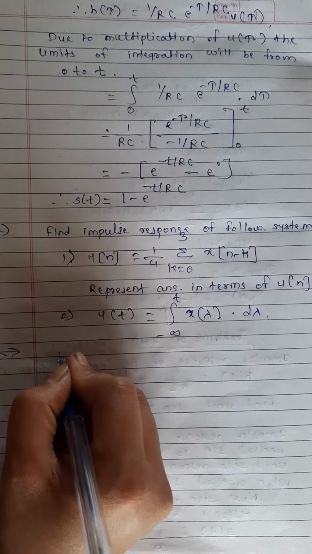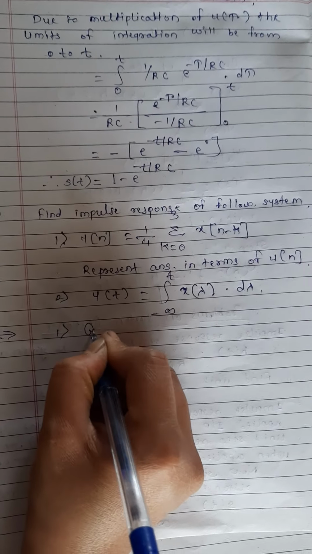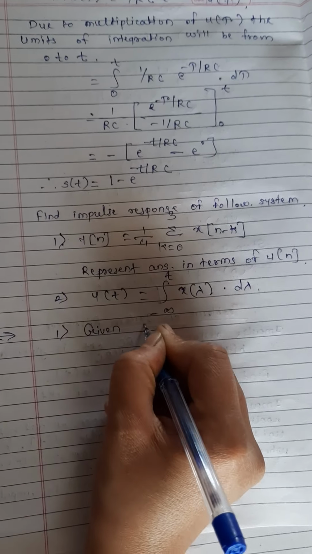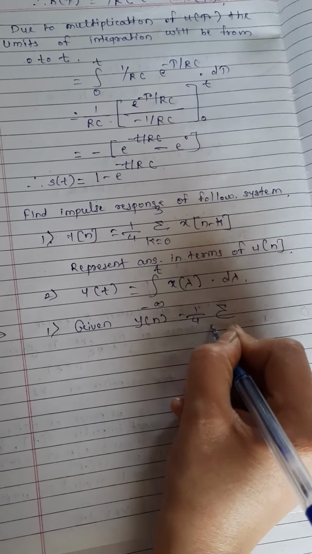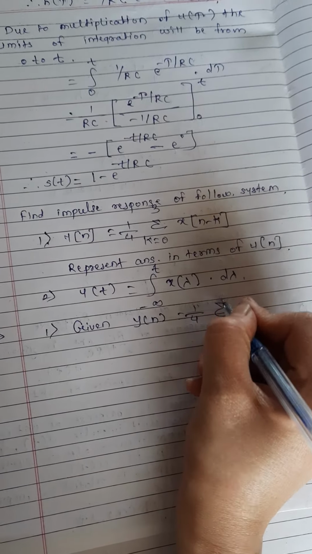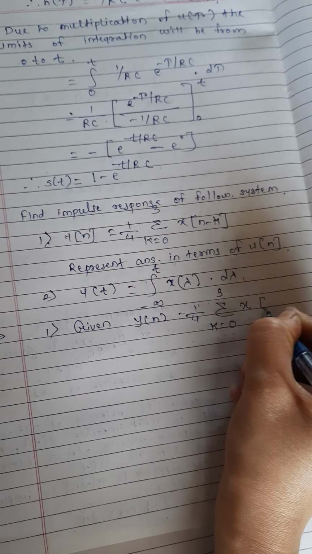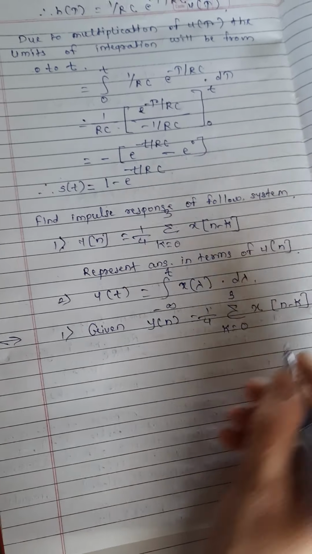So first is the solution for this. Now what is given? y of n is equal to 1 by 4 summation k goes from 0 to 3 of x of n minus k.